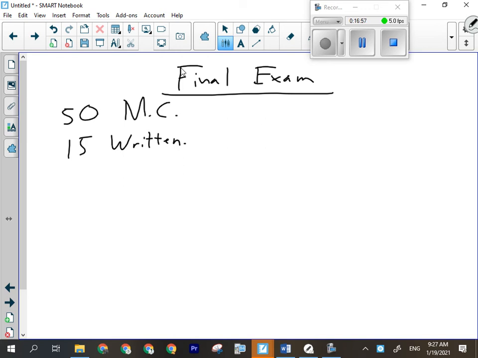For physics in the multiple choice, scalar and vector quantities. Simple v equals d over t calculations. Reading graphs, not calculating, reading graphs. So I show you a graph and I ask you what's going on in part A, or what is the object in this graph doing, or something along those lines.